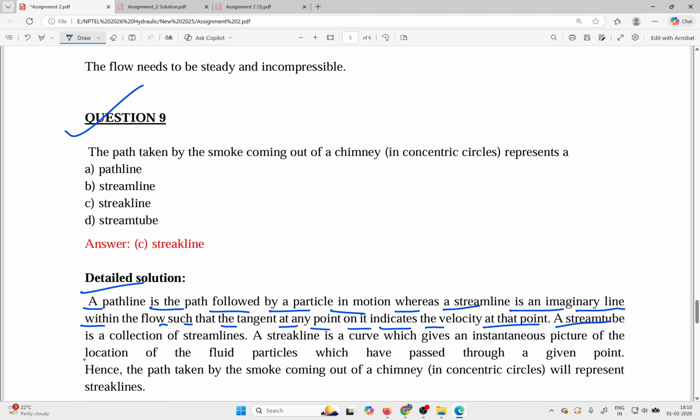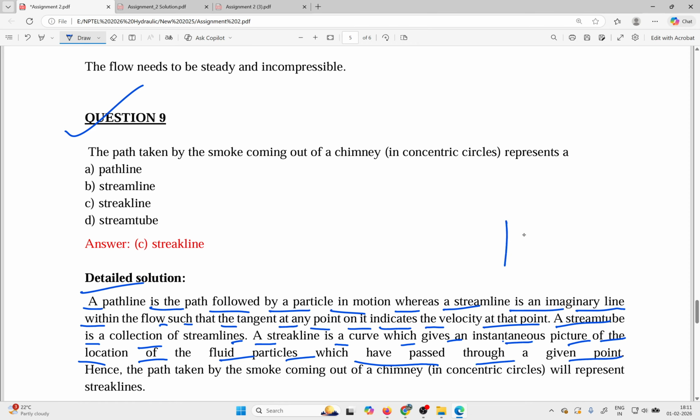A stream tube is a collection of streamlines. A streak line is a curve which gives an instantaneous picture of the location of the fluid particles which have passed through a given point.